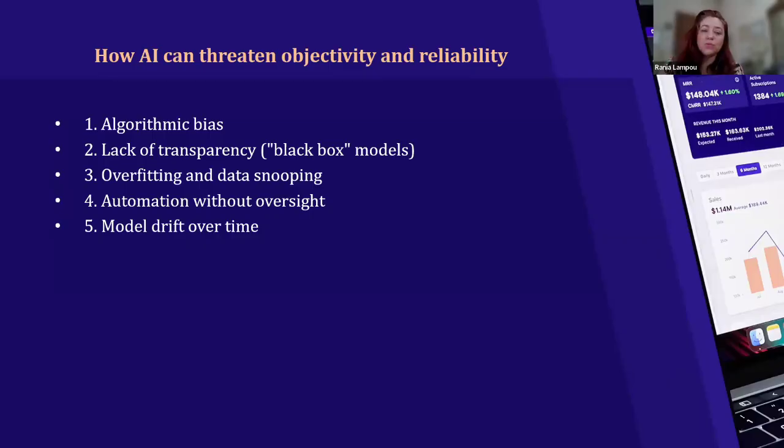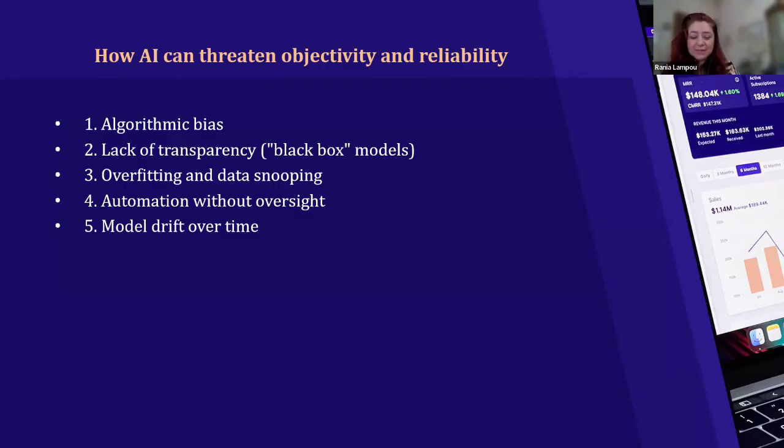And automation without oversight. This means that blind reliance on automated tools may lead to overlooked errors or misinterpretations. So be very careful when we use these tools, because this undermines both objectivity and reliability, especially if outputs are not critically evaluated. Model drift over time.